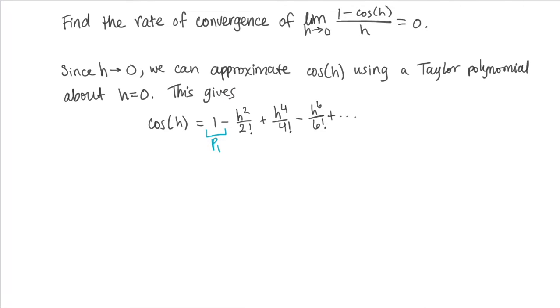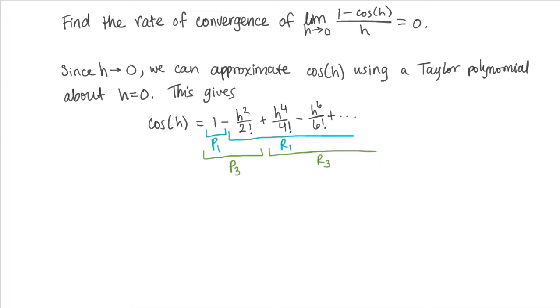If I were to write out the remainder term for P1, it would encapsulate all of the rest of these infinitely many terms. So this is really capturing R1. Similarly, if we had just looked at these first two terms, because the next term is h to the 4th power, that tells us that this is actually P3, and the remaining infinitely many terms would be encapsulated in R3.